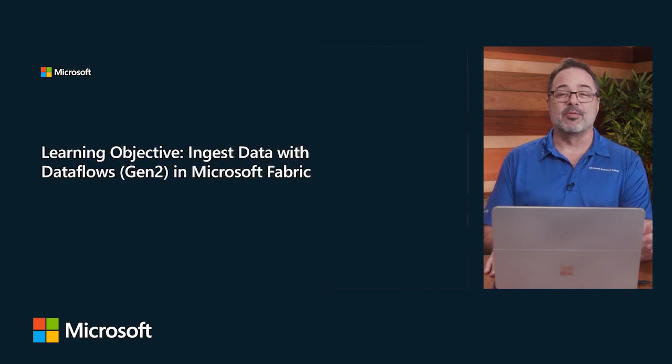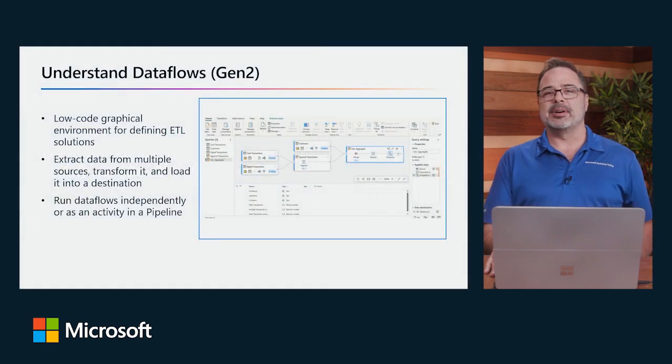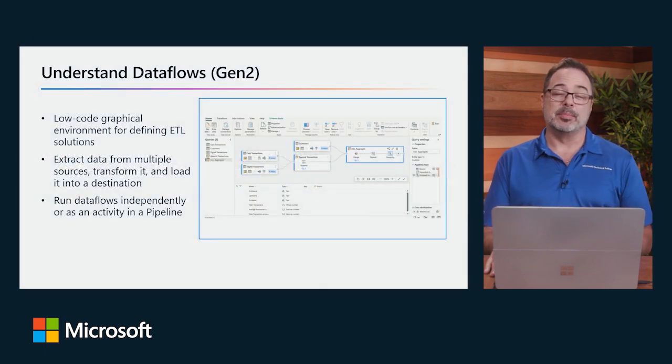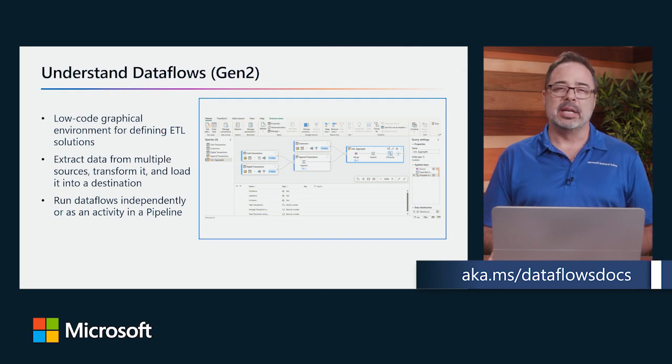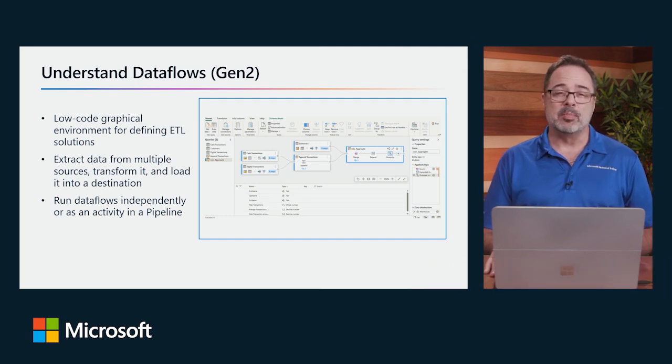So let's get started on our first topic in our session on ingesting data with Dataflow Gen2 in Microsoft Fabric. There are two primary high-level features Data Factory implements: data flows and pipelines. Dataflow Gen2 enable you to leverage a low-code interface and 300 plus data and AI-based transformations, letting you transform data easier and with more flexibility than any other tool.